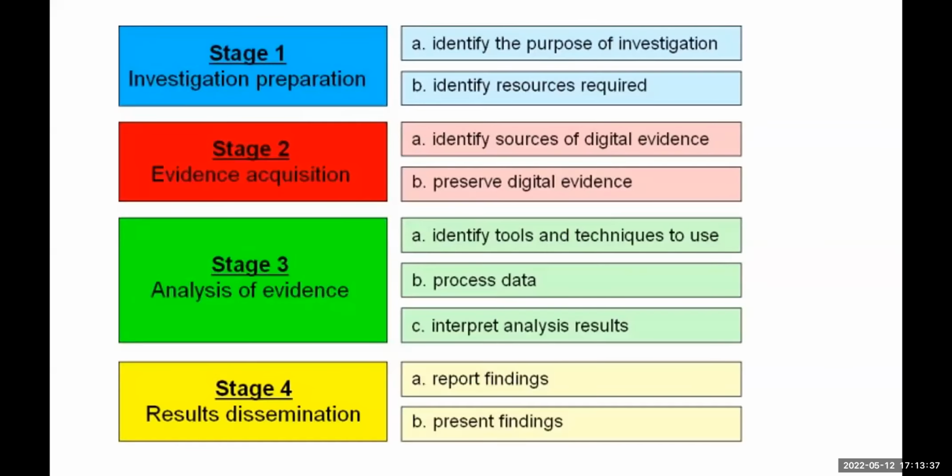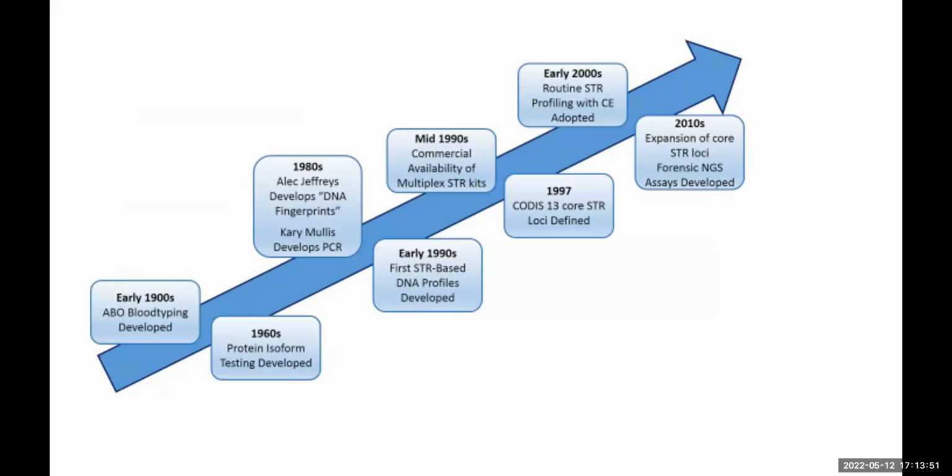So there are various stages: investigation preparation, evidence acquisition, analysis of evidence or processing of samples using tools or technologies, then results, right? And then presentations. Another thing, as molecular forensics was growing, people understood that some genes or some DNA don't code for a protein.